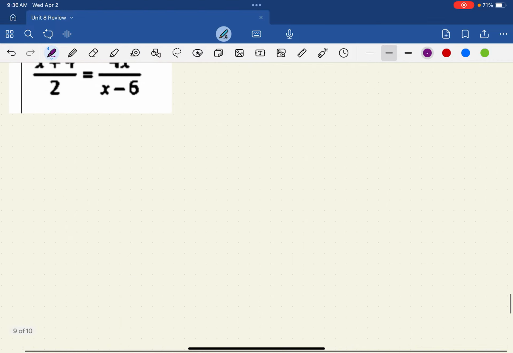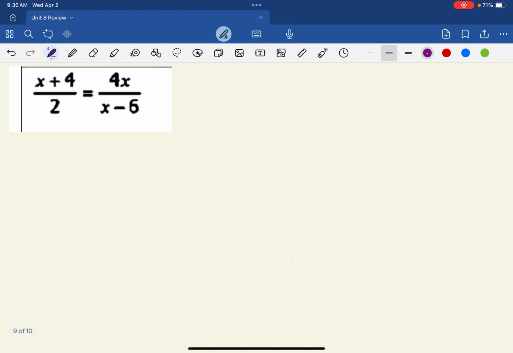Next one, we're moving on to an equation. And I think we only have 2 more problems, so this should go a little quick. Okay, so equation. When we see an equal sign, that means cross multiply. So we are cross multiplying.